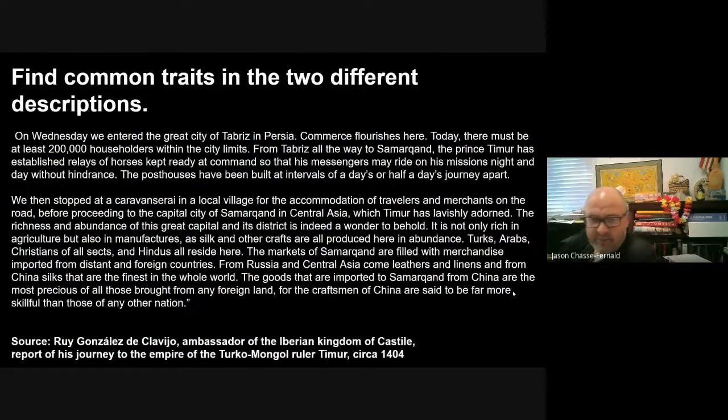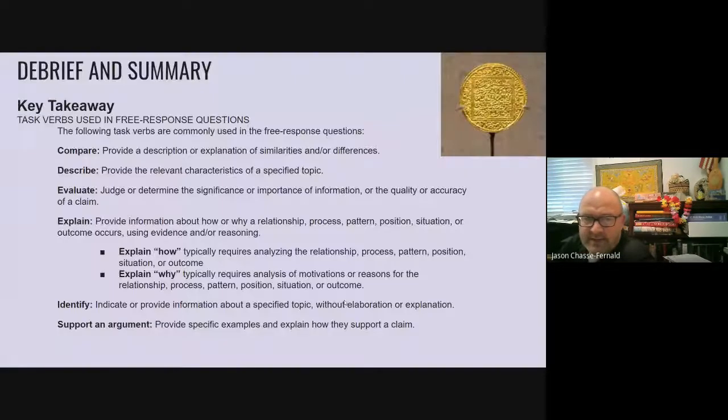And the second one is from 1404, again another traveler, and this one is Timur. You're welcome to do this, and I'll go over some responses tomorrow in tomorrow's video, if that's something you want to do, but I'm not grading that or anything like that.